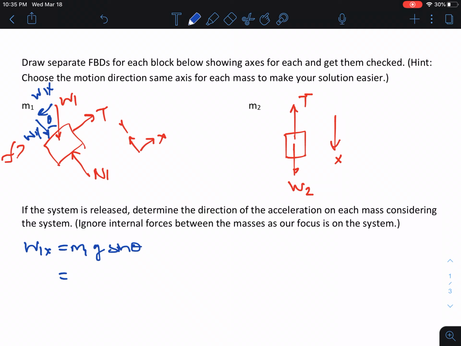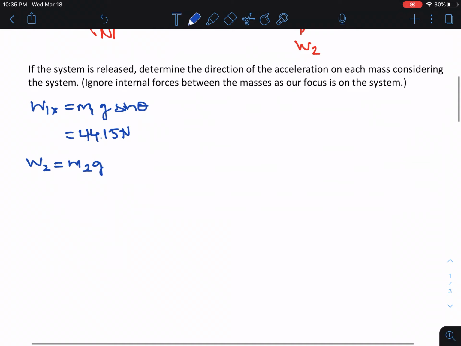When you do so, 9 kilograms times 9.81 meters per second squared times sine 30, you will get 44.15 newtons. Okay. Let's do the same thing for W2. It is M2 times g. M2 is 1.5 kilograms and g is 9.81 meters per second squared. So the answer is 14.72 newtons.